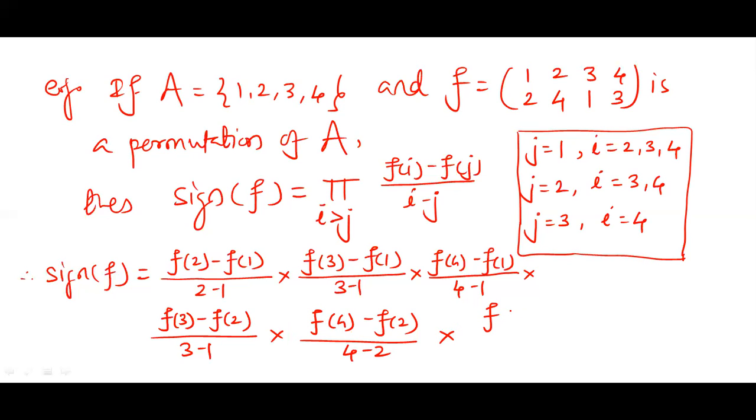If we take j is equal to 3, we have single choice for i, that is i equal to 4, (f(4) minus f(3)) divided by (4 minus 3).